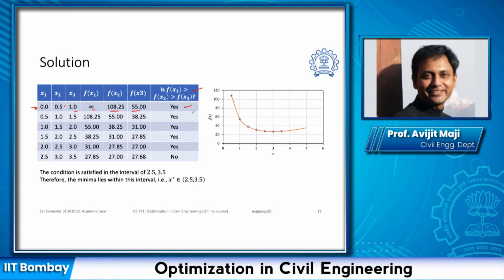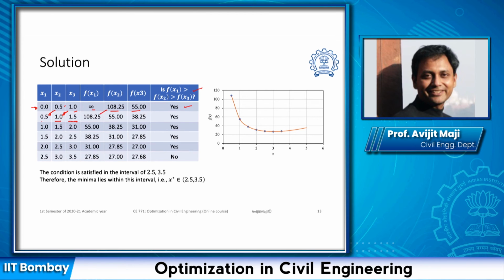So accordingly we adjust: my new x1 is the x2, which is going to be here. My new x2 is going to be the x3, which is going to be here, and my new x3 is going to be the s plus the x2, so it is going to be 1.5.